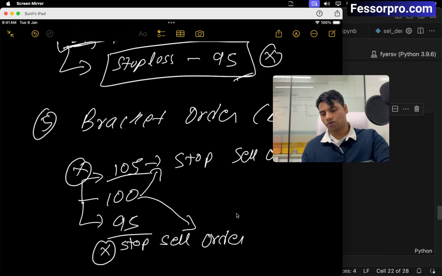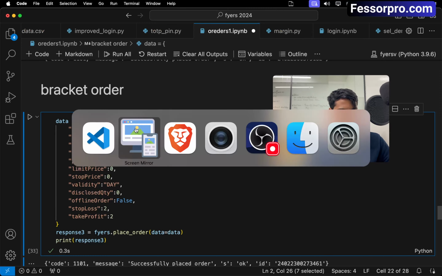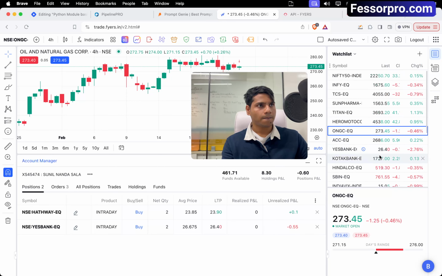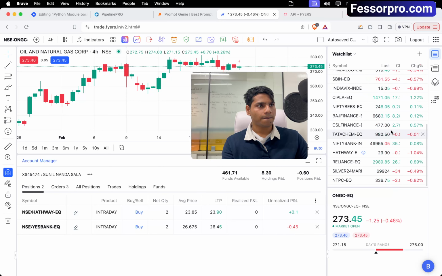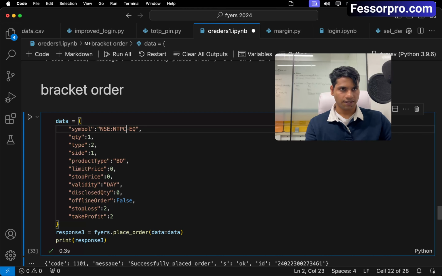So let me show you how to do this. First we'll specify the name of the stock. Let's do it on some other stock now. Let's do it on NTPC. Okay, NTPC price is 336. So I'll change this to NTPC.